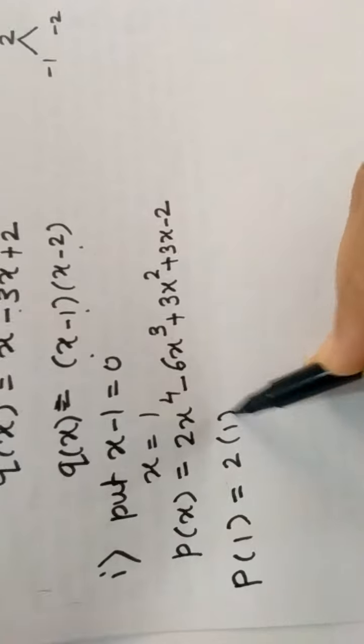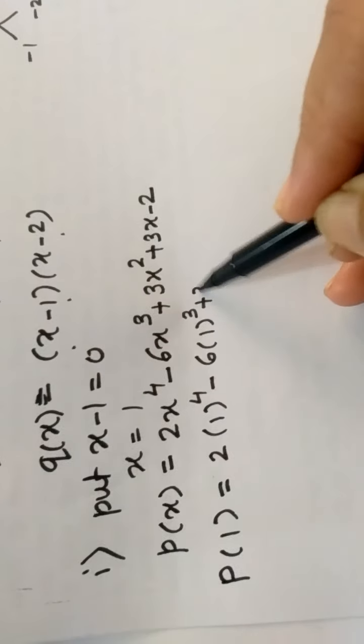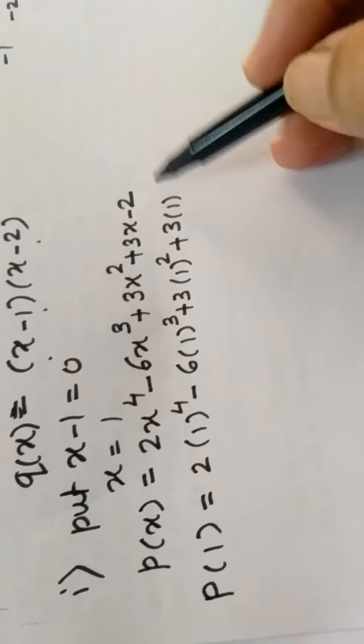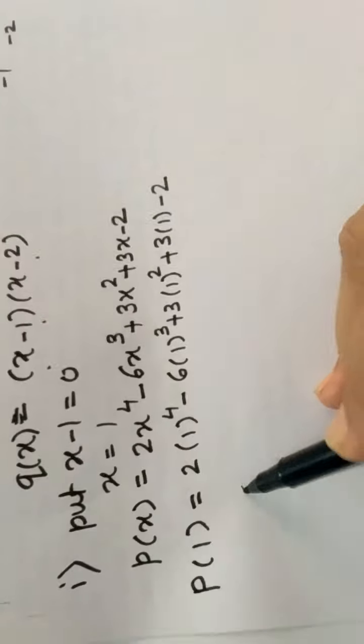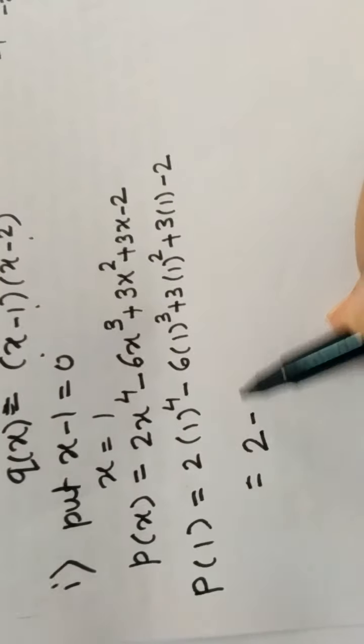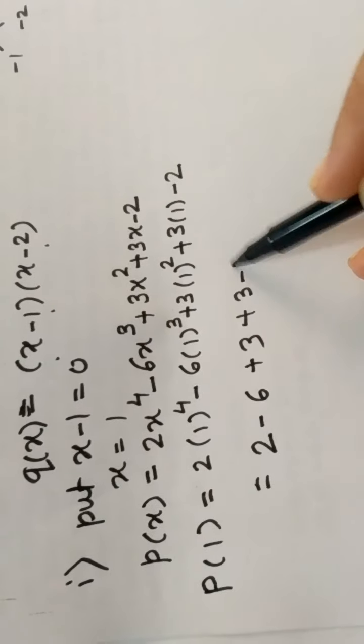That is 2 times 1 raised to 4 minus 6 times 1 cube plus 3 times 1 square plus 3 into 1 minus 2. 1 raised to 4 means 1, minus 6 plus 3 minus 2.